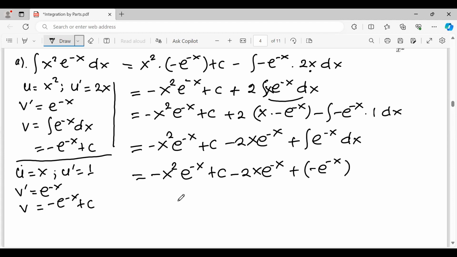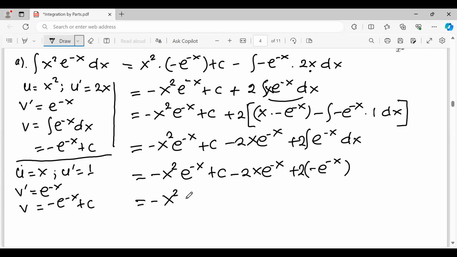The c is already here, so I just write it once. And the 2 here and 2 here.